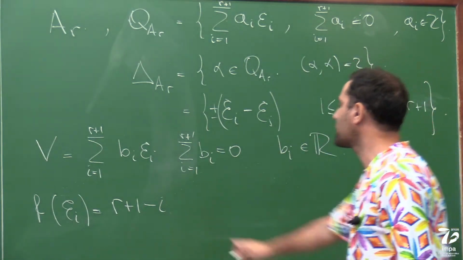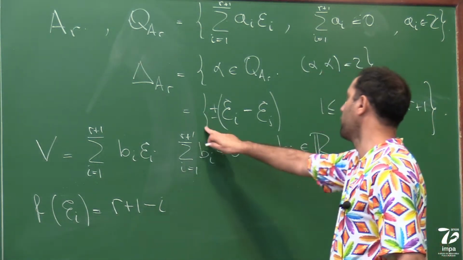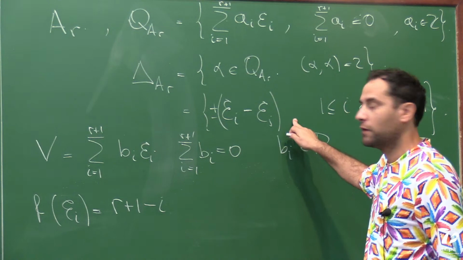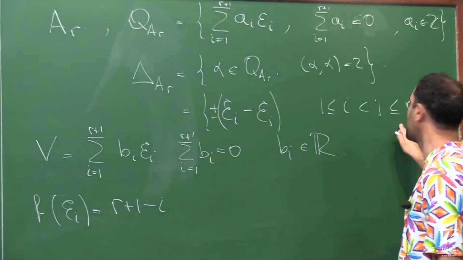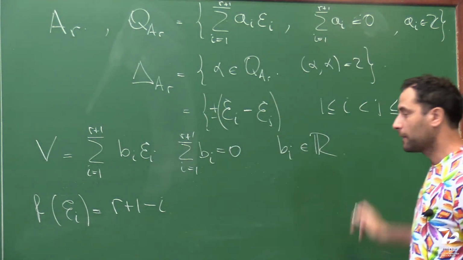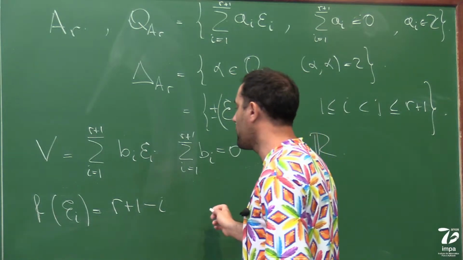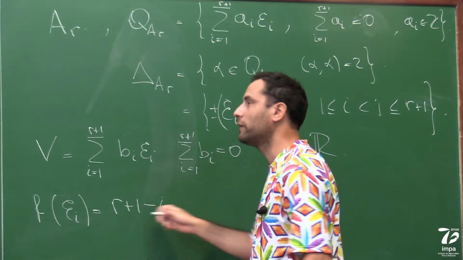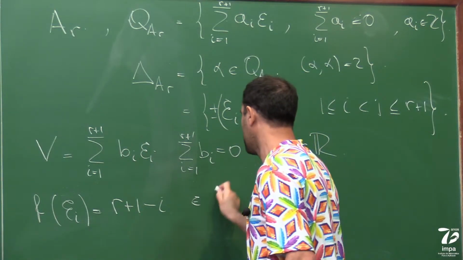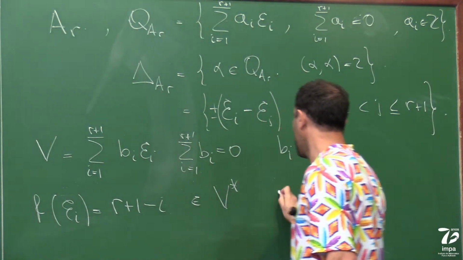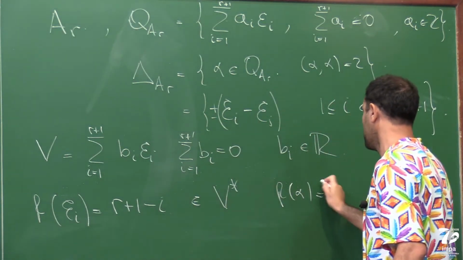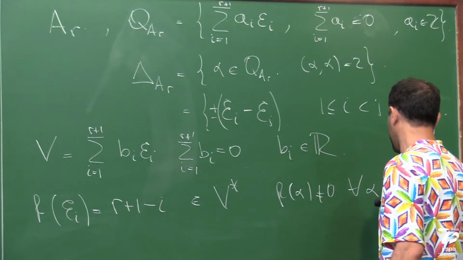And it's a trivial exercise that this thing is non-zero on these roots, simply because i and j are different here. So this thing here is non-zero. It's a well-defined linear functional. So this belongs to V star, and f of alpha is non-zero for every alpha in delta.